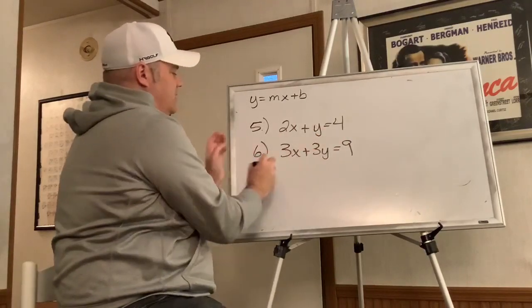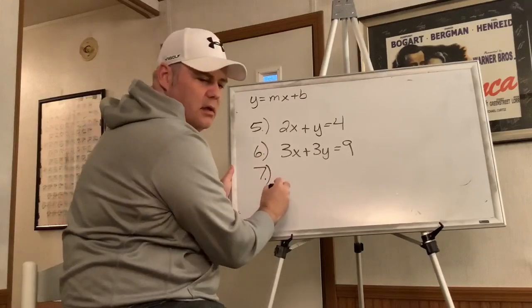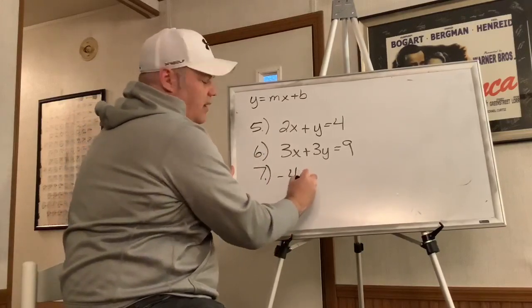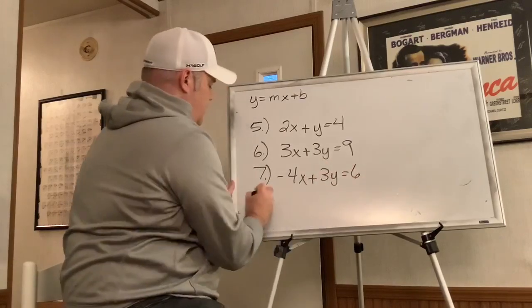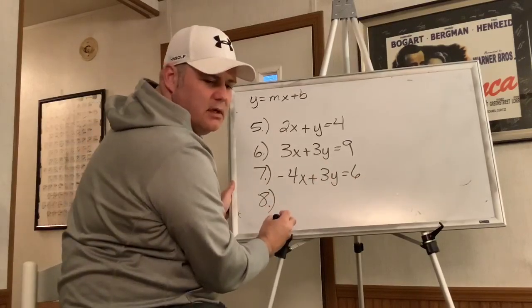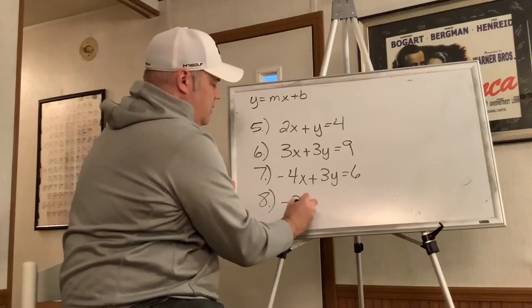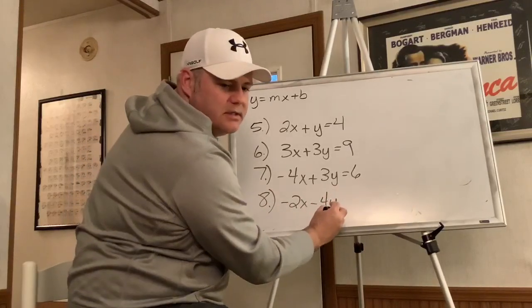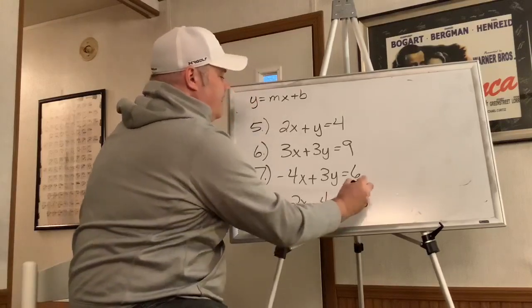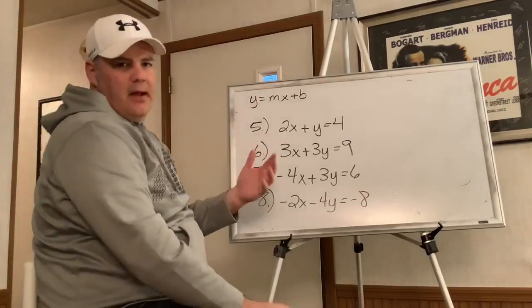So you need to rearrange these. Number 7 is negative 4x plus 3y is 6. And number 8 is negative 2x minus 4y is negative 8.